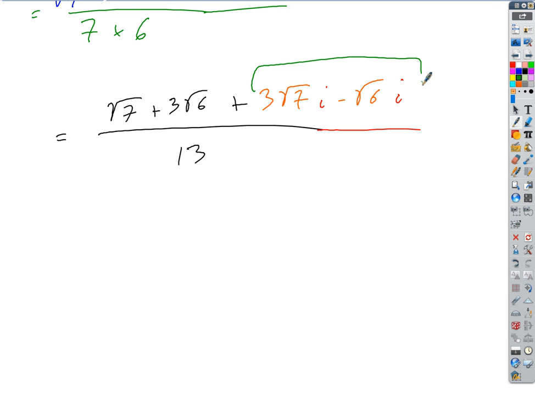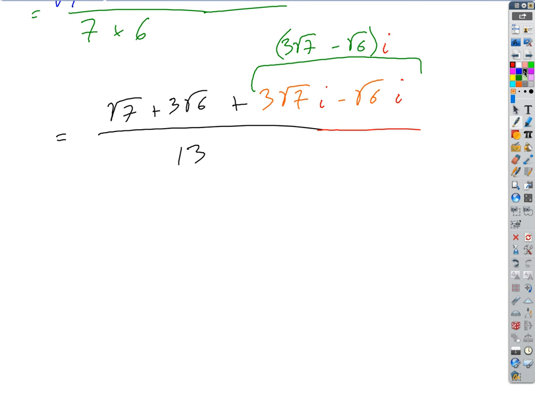Wouldn't it be easier to write that as 3 radical 7 minus the square root of 6 times i? Everybody see that? This looks terrible, but it's just a number, right? It's just some number times i. And that's all a complex number boils down to, a real part plus an imaginary part, which is just some number times i, right?